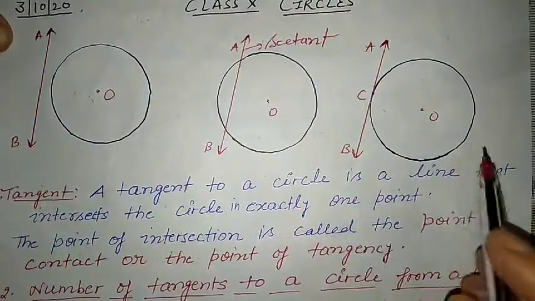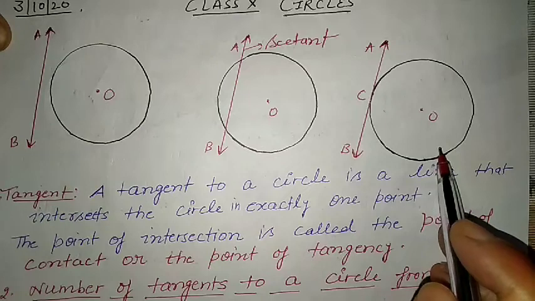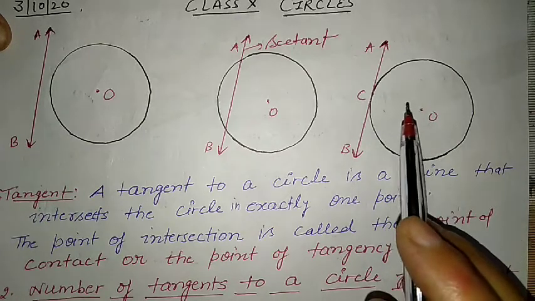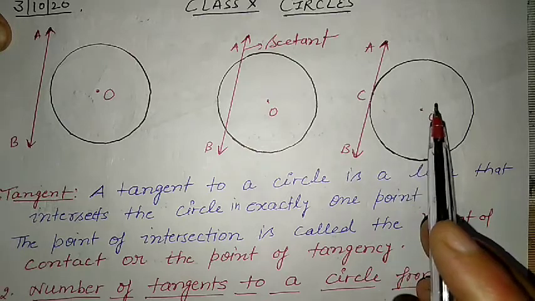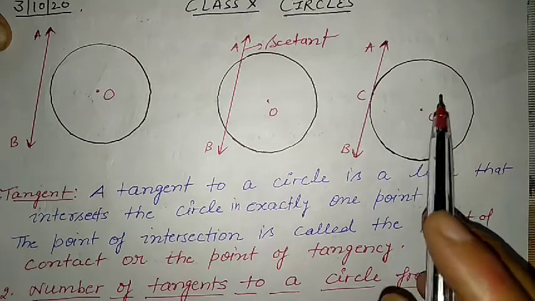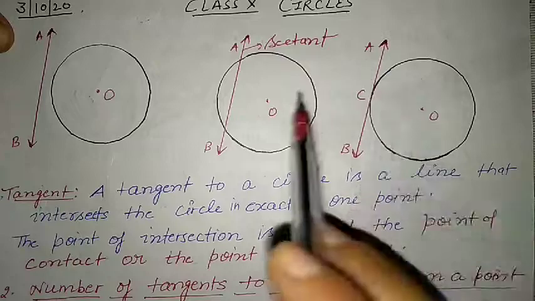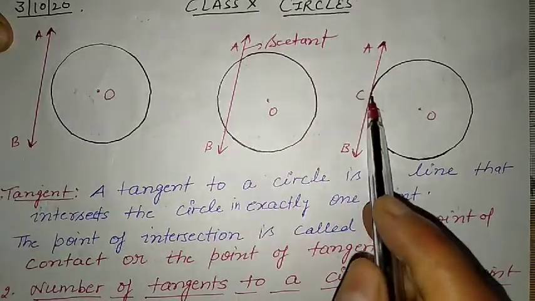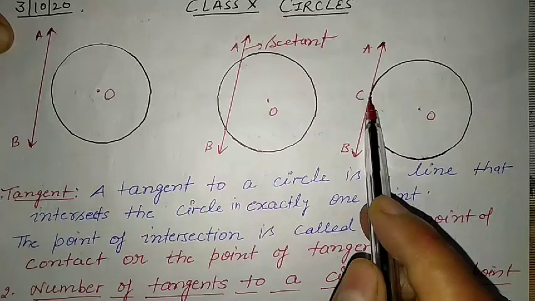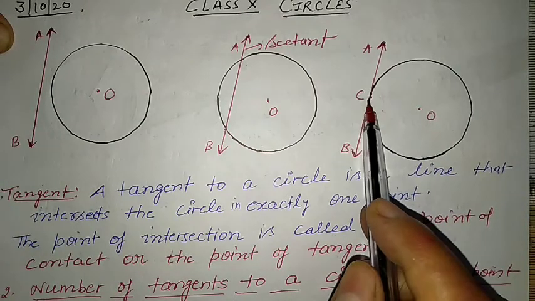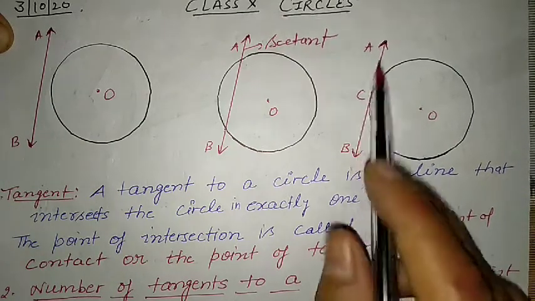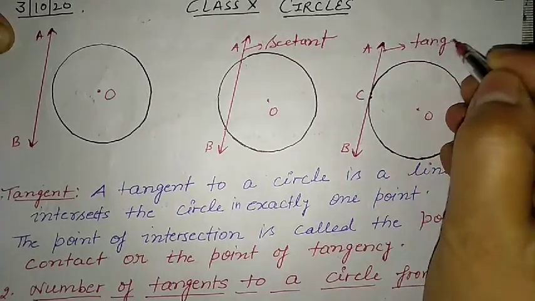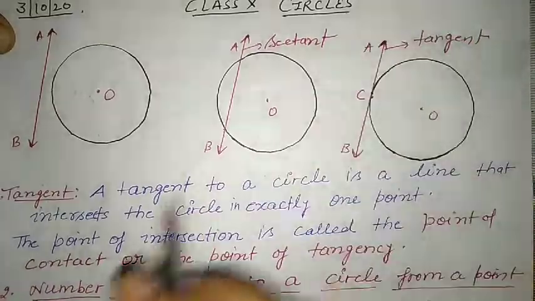Okay, so now line AB intersects the circle in two coincident points. Coincident means exactly one point, when both the points coincide with each other, so these two points coincide at one. So this is exactly one point. It is then said to touch the circle, and this line is known as a tangent.